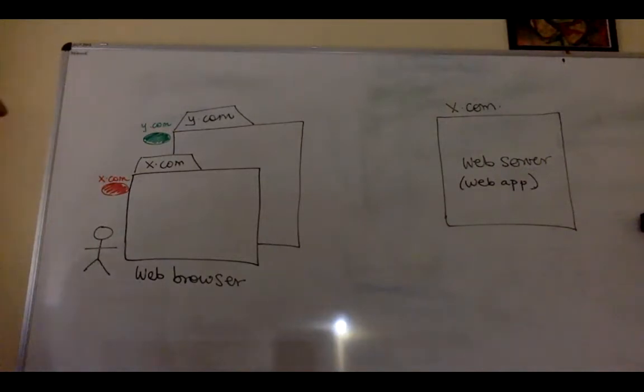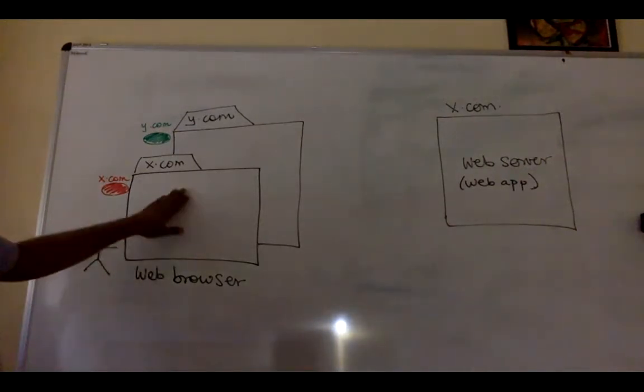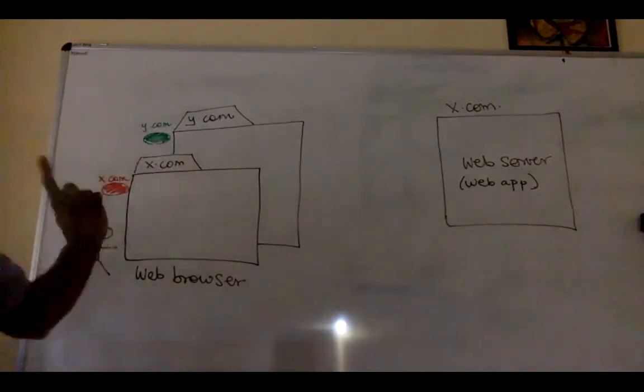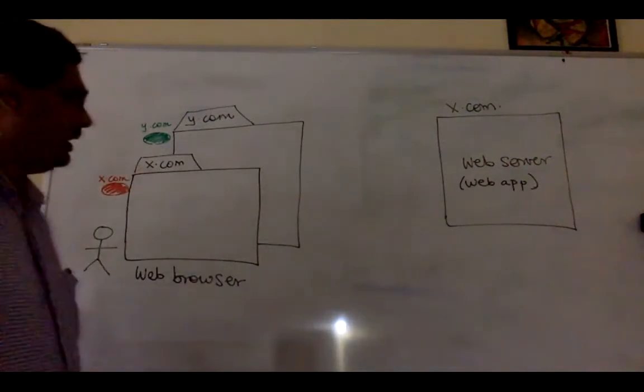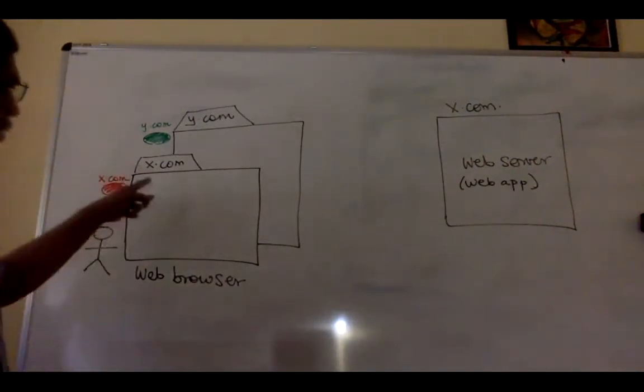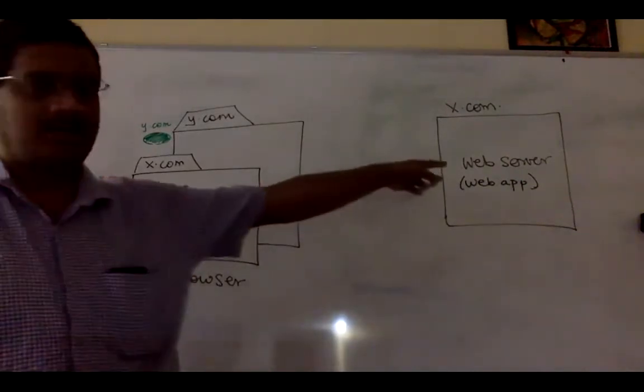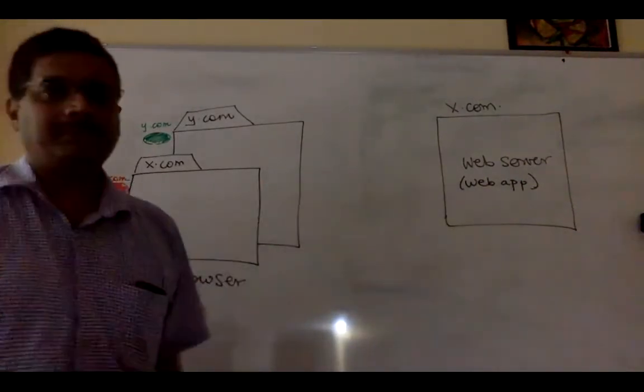Because they are stored by the web browser locally on your desktop, how do you think the web browser distinguishes between the red cookie and the green cookie? The web browser's task, for example, must be to ensure that when you load x.com, only x.com's cookie is sent over to the web server.